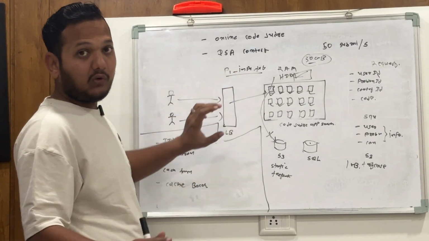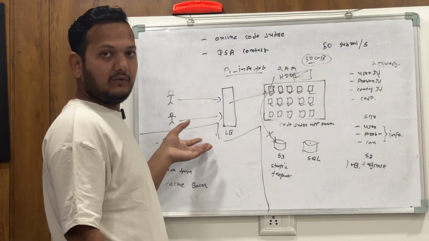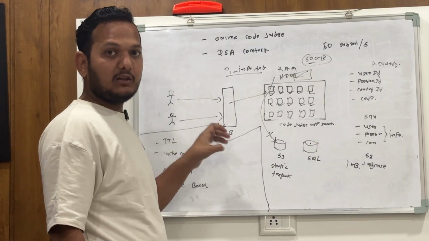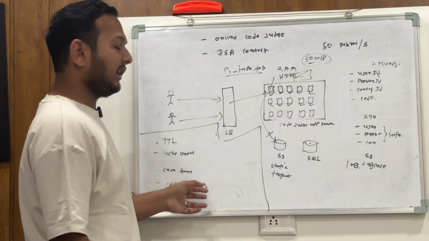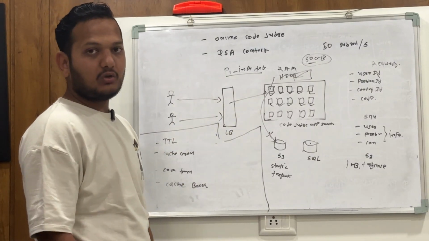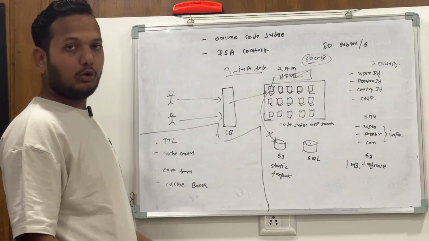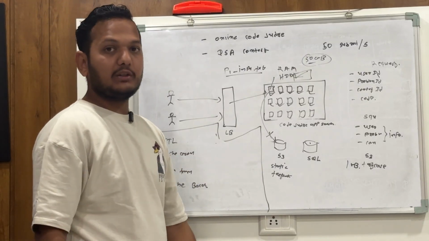But here we have 500 servers, so updating the test case file on every one of the 500 servers is impossible, and there is a chance of data loss. So we cannot use the cache back policy here.